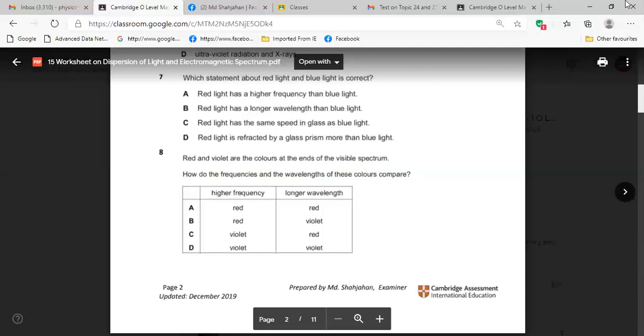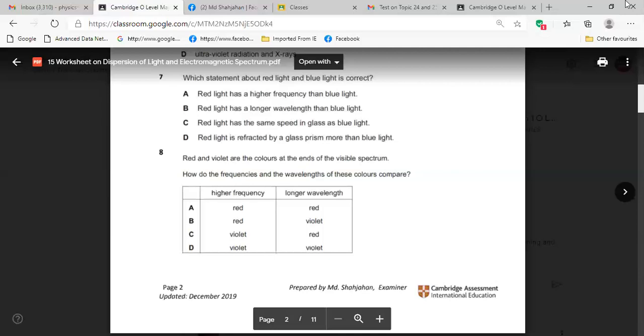Green, yellow, orange, then red. From the bottom I am saying red.